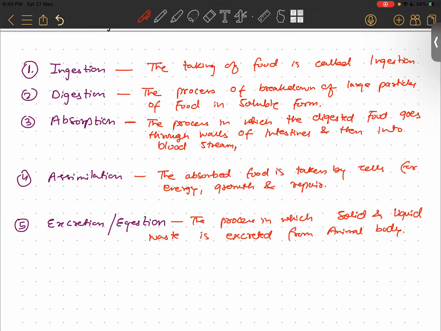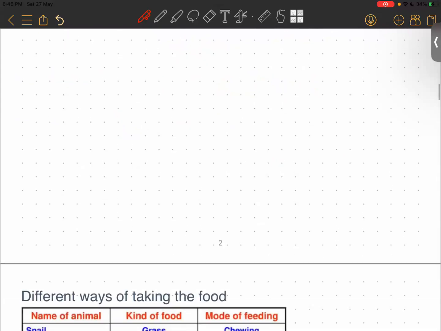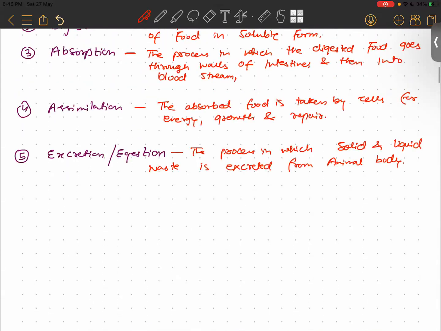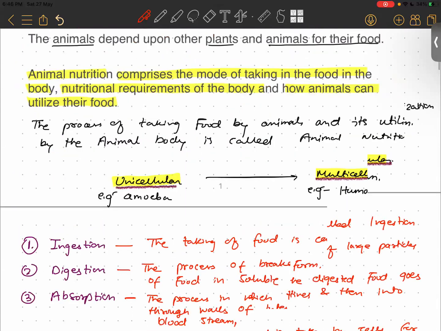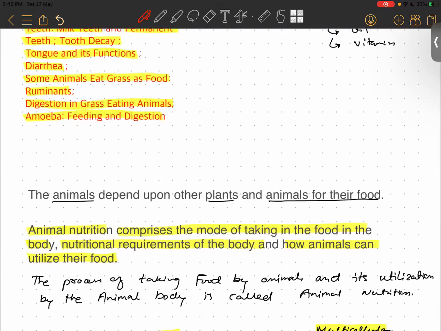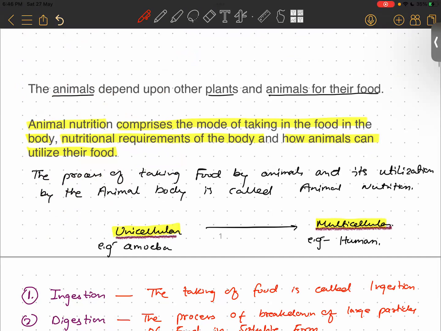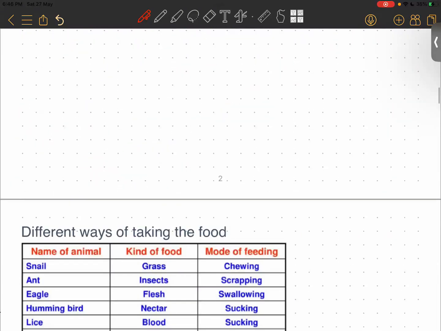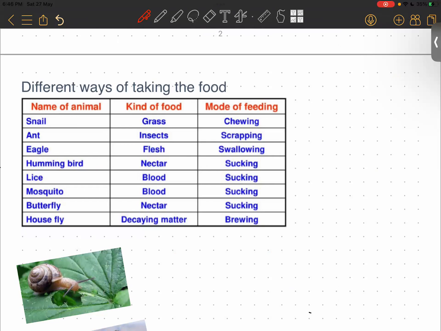Now we are going to talk about the first thing, that is, animals take in food by different methods. A starfish takes its nutrition in a different way, an ant eats food in a different way, a human eats food in a different way, a snail eats food in a different way. If you compare a snake eating its prey and a human eating food, don't you notice some difference?